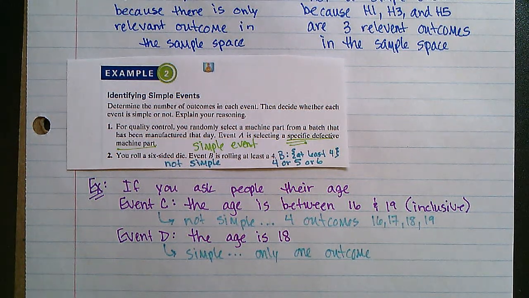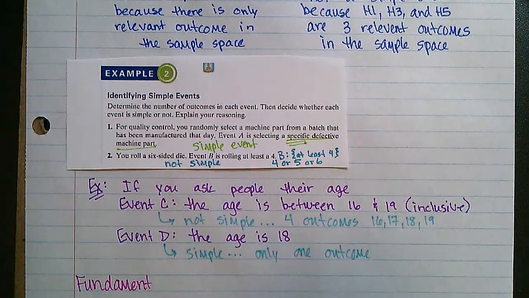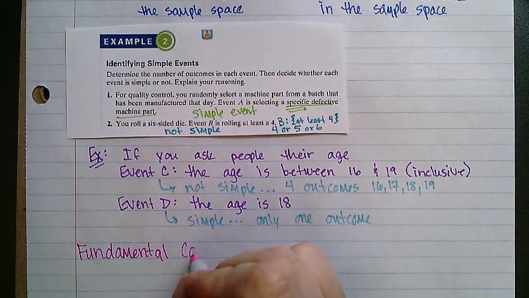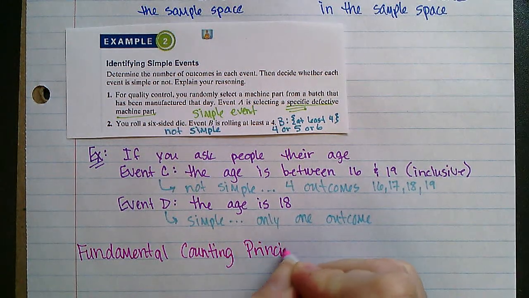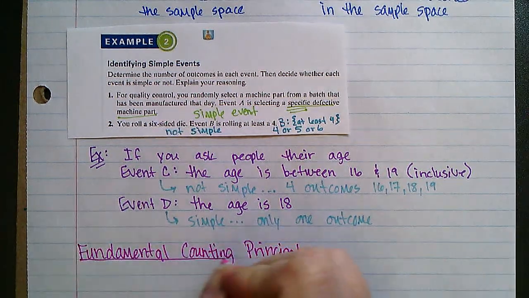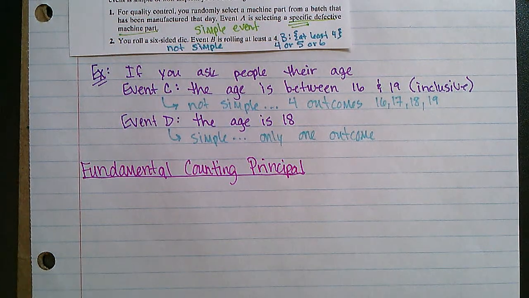Hopefully that helps explain a little bit about simple and not simple events. Let's talk about the fundamental counting principle. The fundamental counting principle is going to help us figure out how many ways 2 or more events can occur in a sequence.